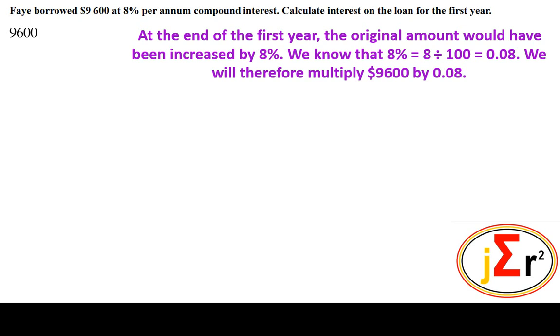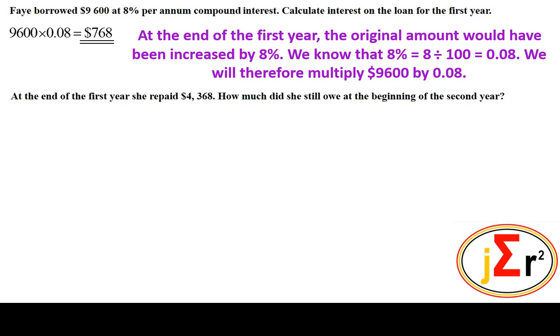We will therefore multiply 9,600 by 0.08, and that will be our interest at the end of the first year, $768.